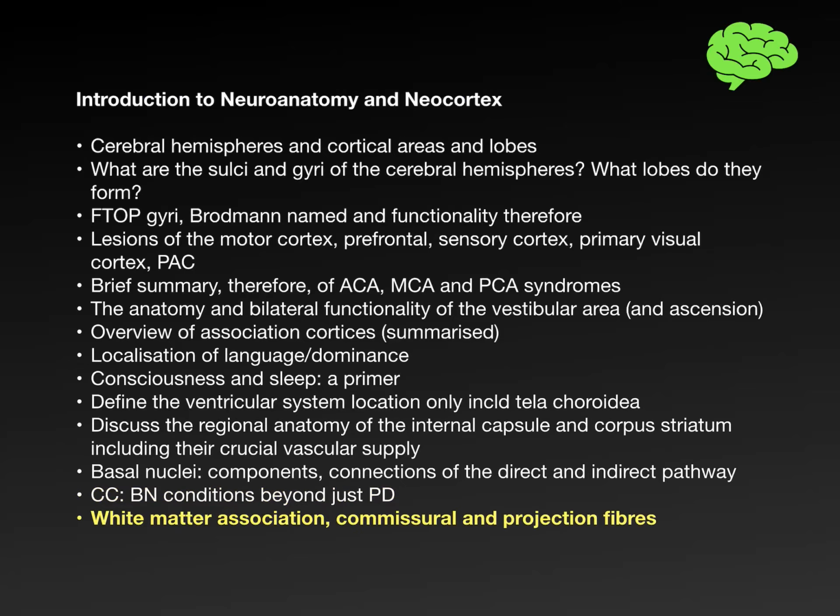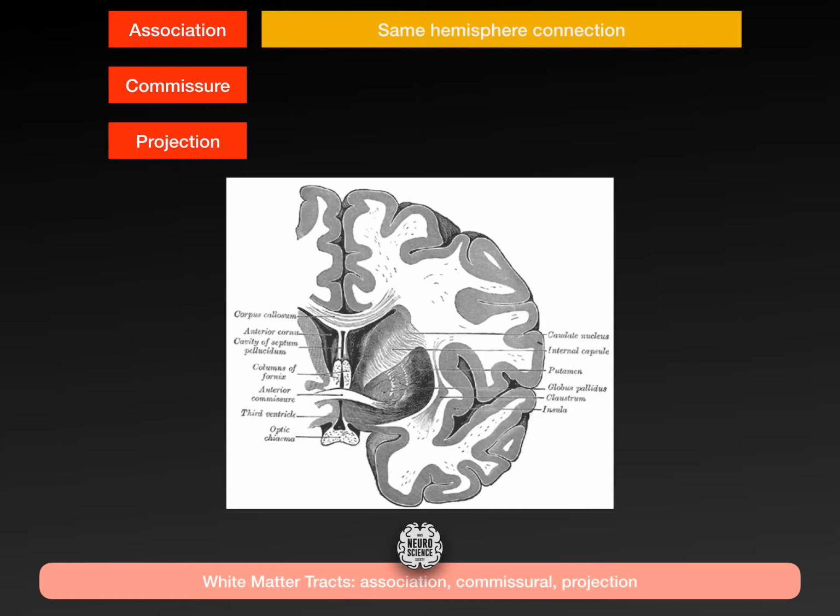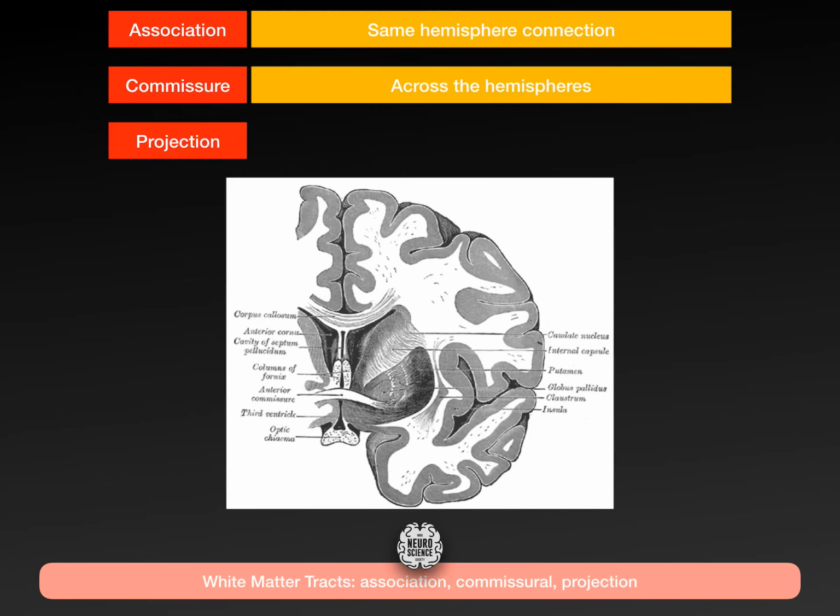So I'll just make some quick notes on the white matter association, commissural and projection fibres. So, association fibres connect things within the same hemisphere, right? So the arcuate fasciculus we saw before connecting Broca's and Wernicke's is same hemisphere. What about the commissural? Well, this connects things across the hemispheres in the same area.